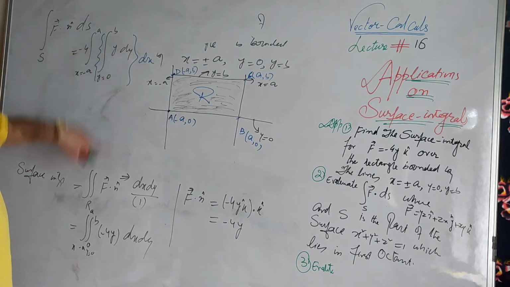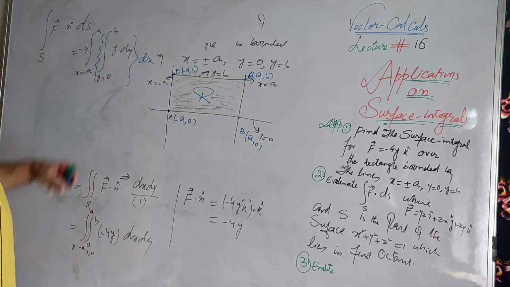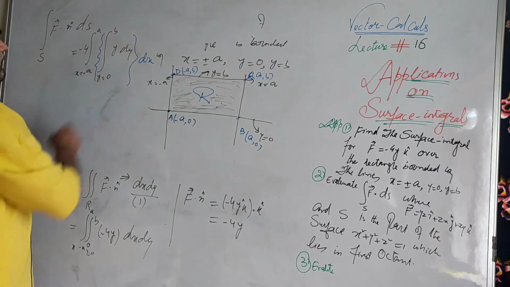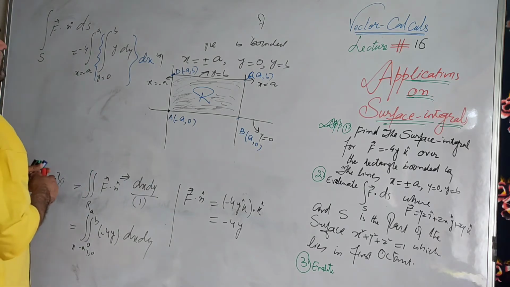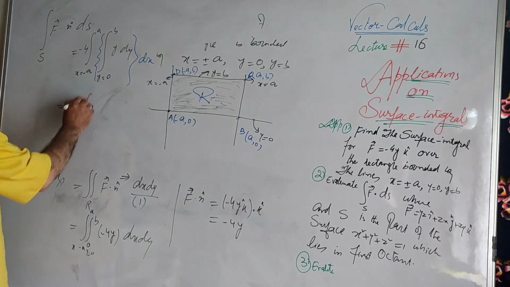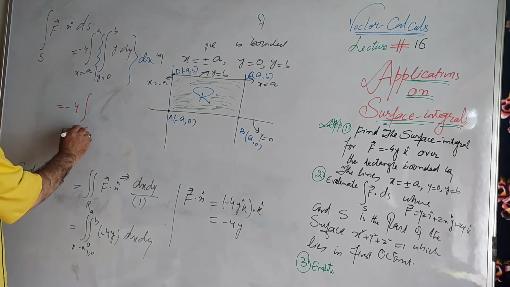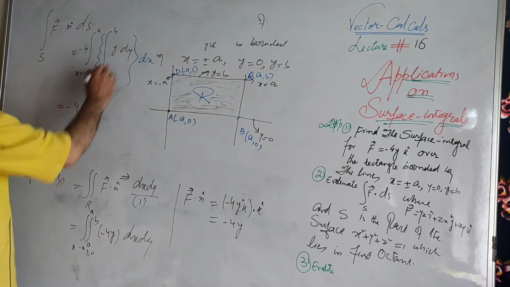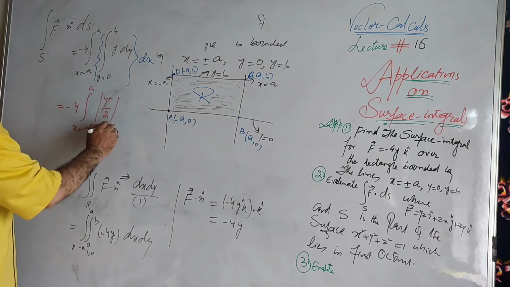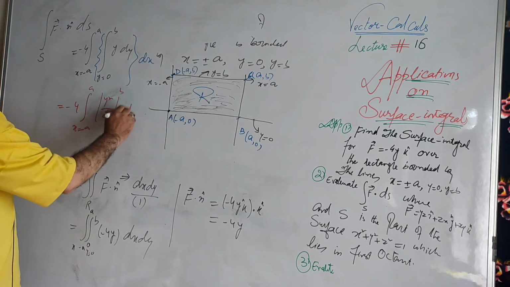This is minus 4 integral of x from minus a to a of y square by 2 from y equals 0 to b, then dx.